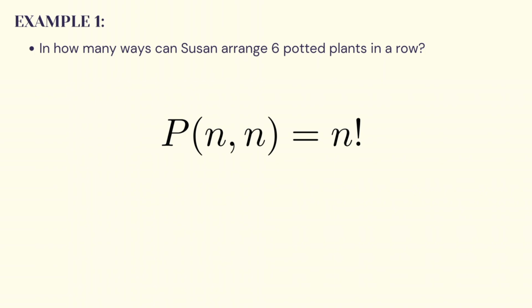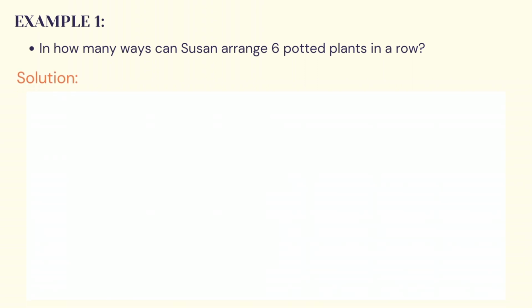We will only need the value of n, which is the number of items or objects in the set. Now, let's identify the objects and the number of them in the set. In this case, the objects are the 6 potted plants. Hence, n will be equal to 6.